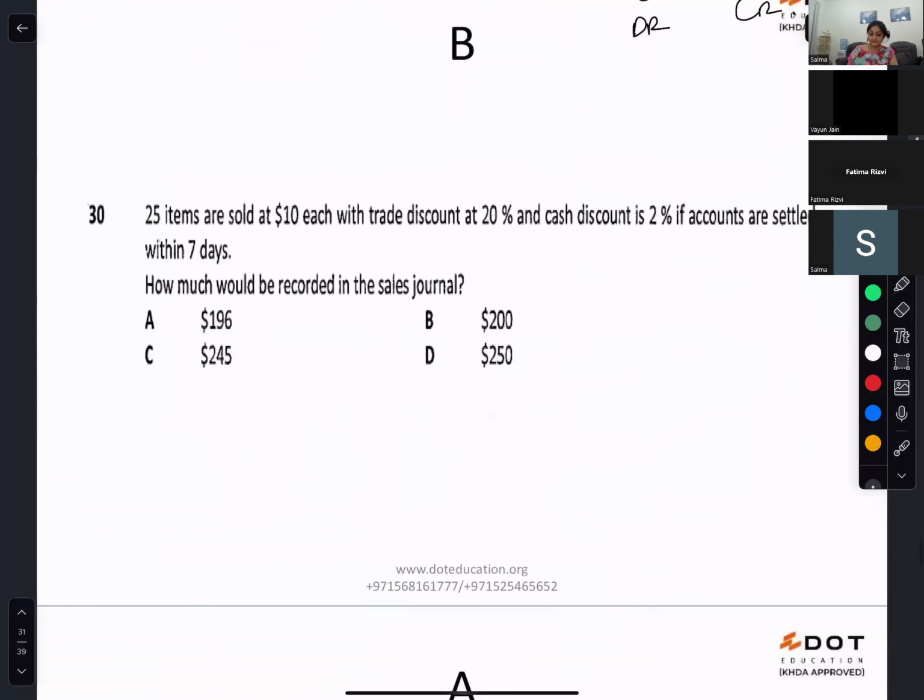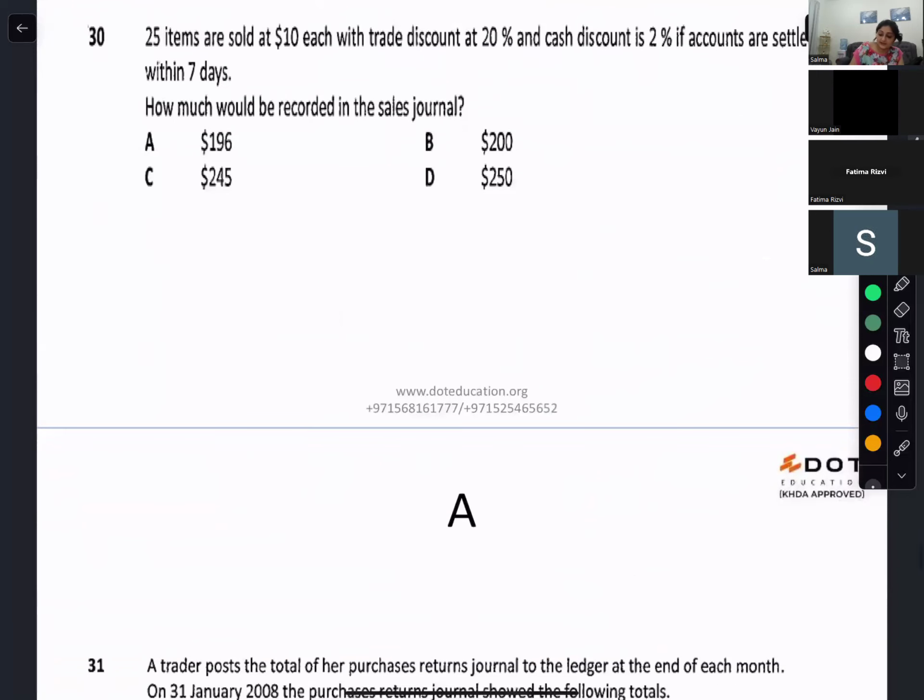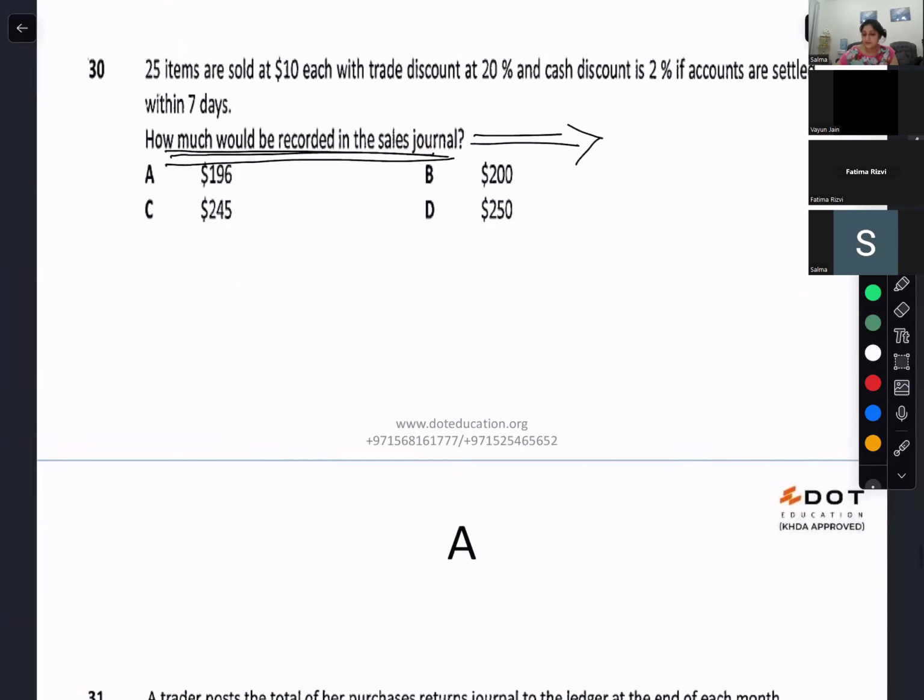Read the main question. How much would be recorded in the sales journal? In sales journal, what do you record? You record credit sales. An entry for sales or purchases happens at what price?